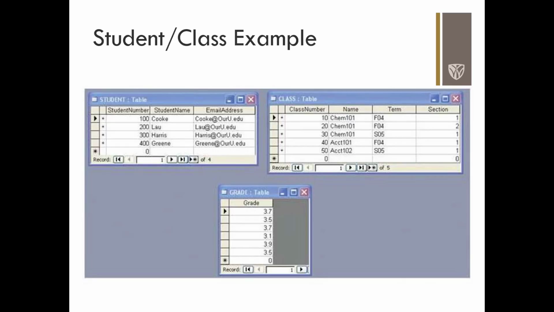Now we've got this third table called grade, and we have some entries in the grade table. How meaningful are they? The first grade says 3.7. Okay, but what does that mean? What student or course or combination does that represent? The way we've got this presented right now, it's not very informative.